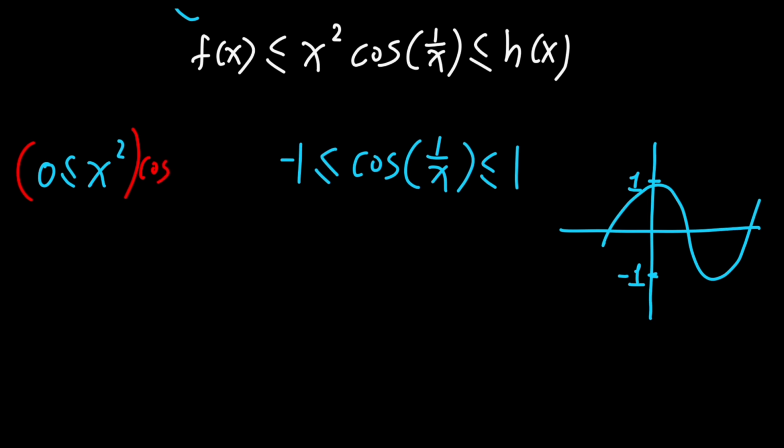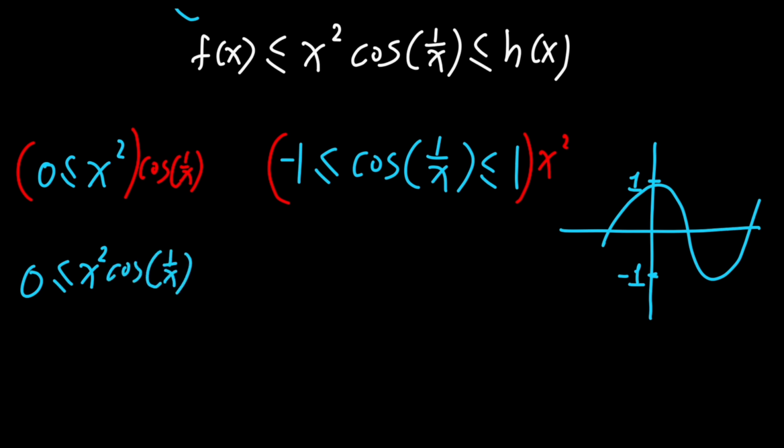This one is the cosine function, and for this part it is x squared. And then simplify: 0 less than x squared cosine, and then this one is negative x squared less than this middle function, then less than x squared.